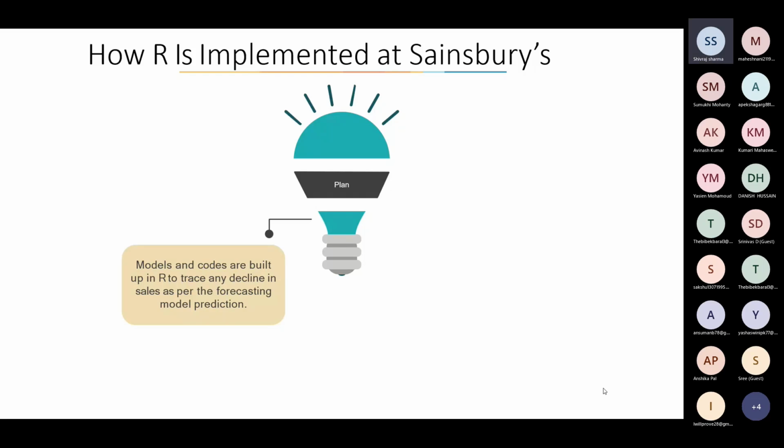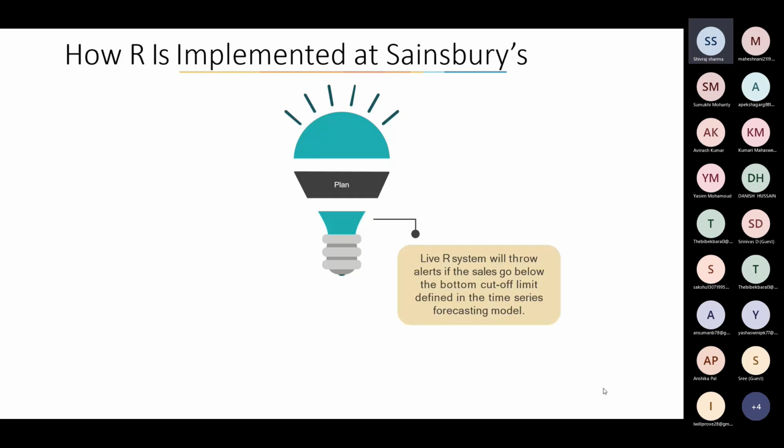What will be next? The live R system gives an alert whenever the sale goes below the cutoff limit. It's a time series forecasting model. In today's session there will be a minor touch of data science also, so it will be more interesting for you to understand the live examples.